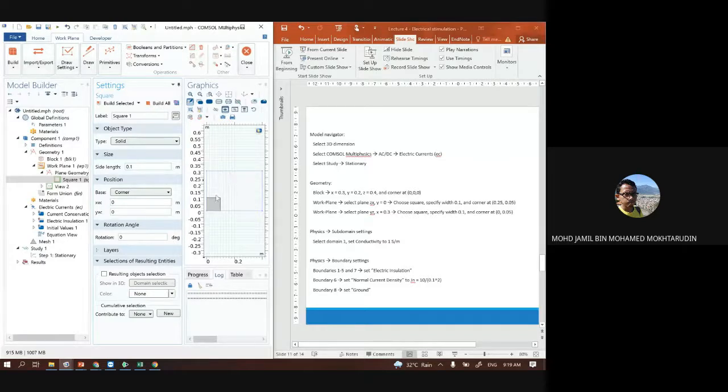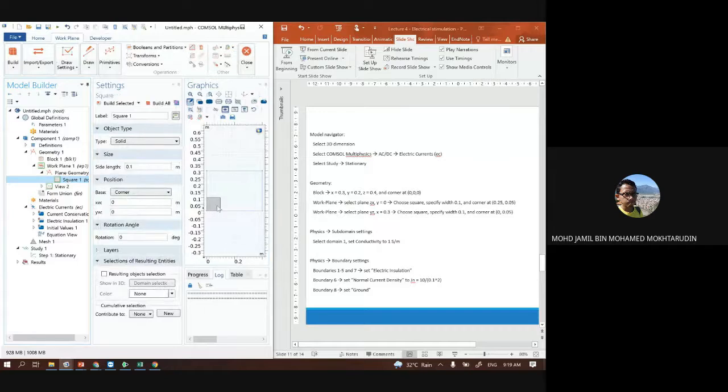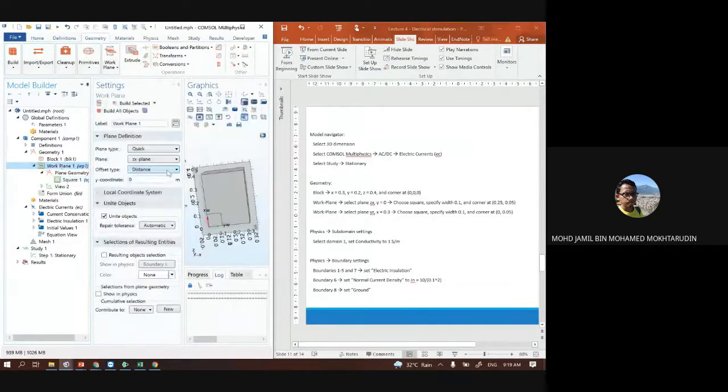This square now is in horizontal, okay, horizontally. If you look at the first figure here, it is shown like this on graph paper. But if you draw this square and go back to this plane, the square is actually here.